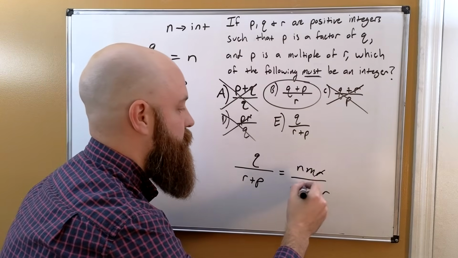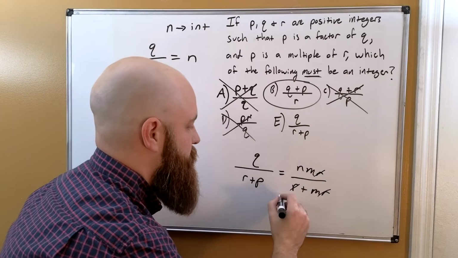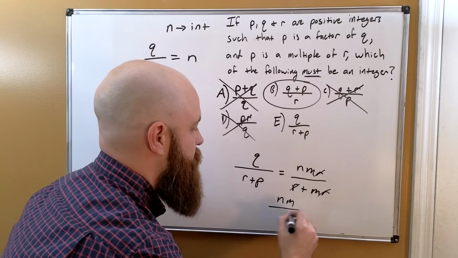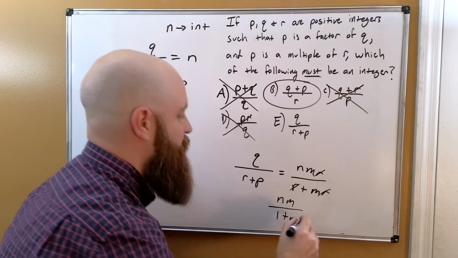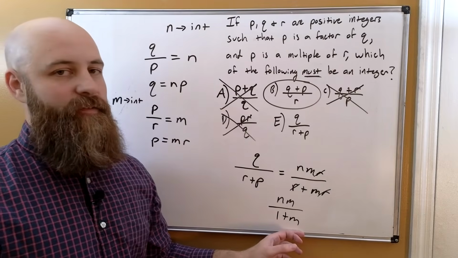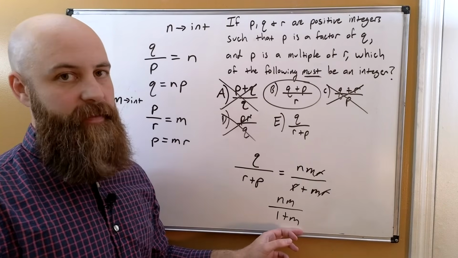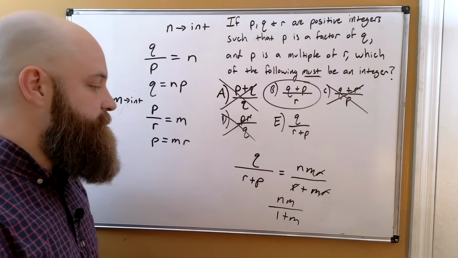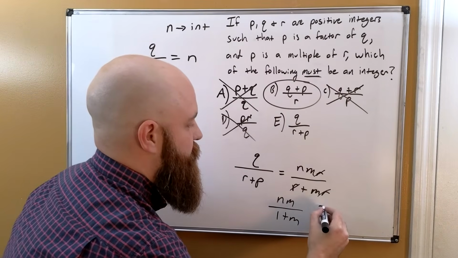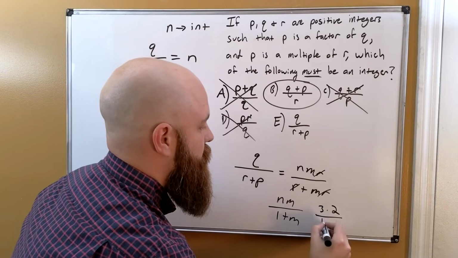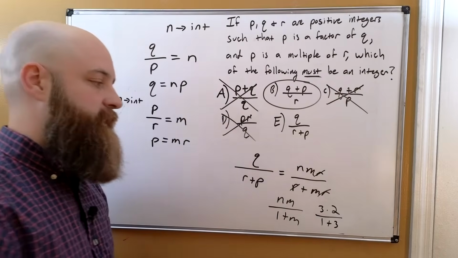I can cancel all those R's, and I'm left with NM over 1 plus M. Okay, so does that absolutely have to be an integer? Just looking at it, I'm guessing no, but I can pretty quickly prove that. If I said, I don't know, 3 times 2 over 1 plus 3, that gives 6 over 4.